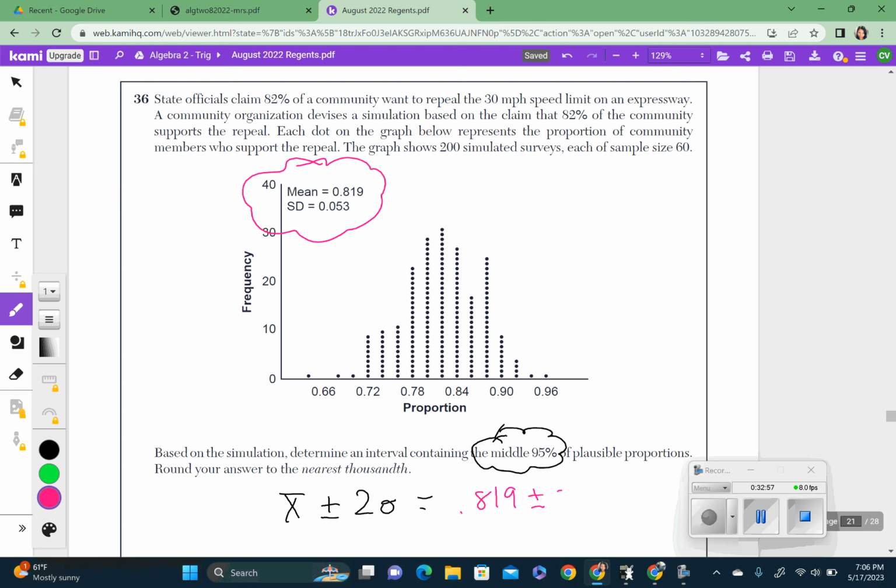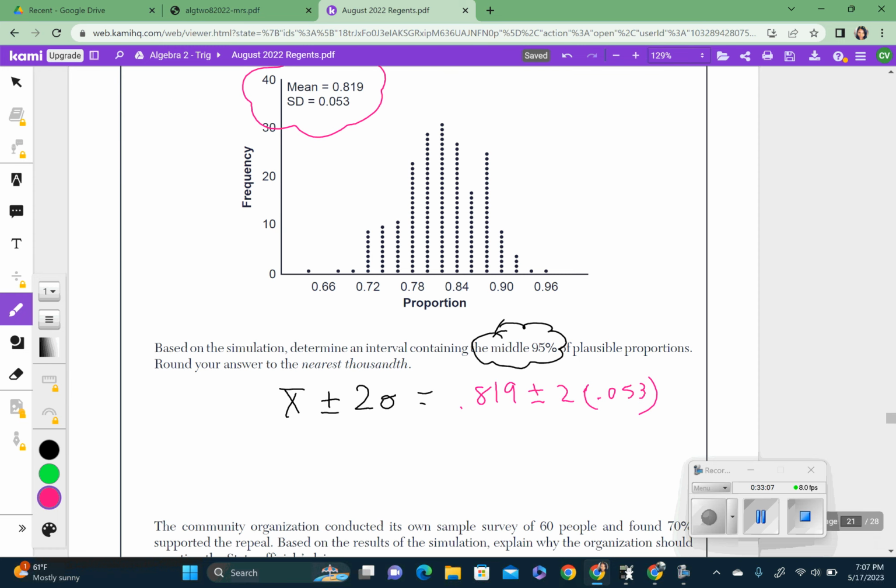So 0.819 plus or minus 2 times the standard deviation, which is 0.053. So you could just take this and plug this into the calculator, right? 0.819 minus 2 times 0.053. When you do that in the calculator, you're going to get 0.713.